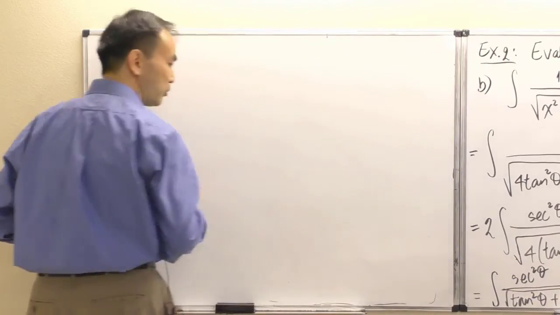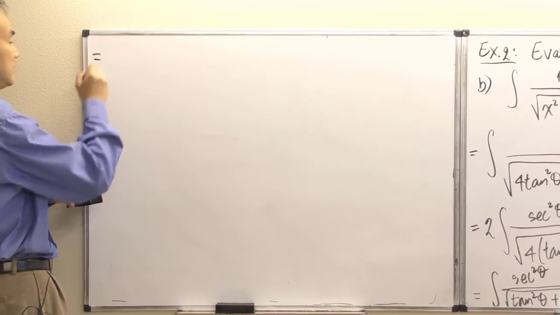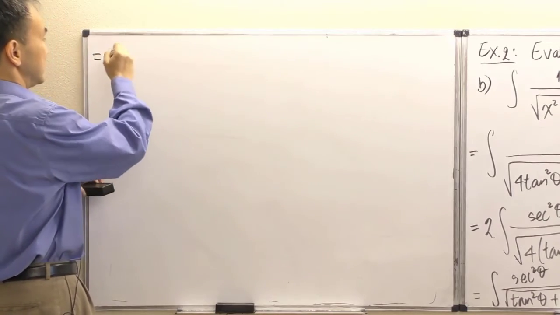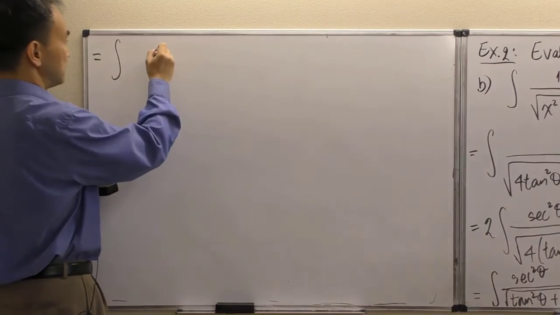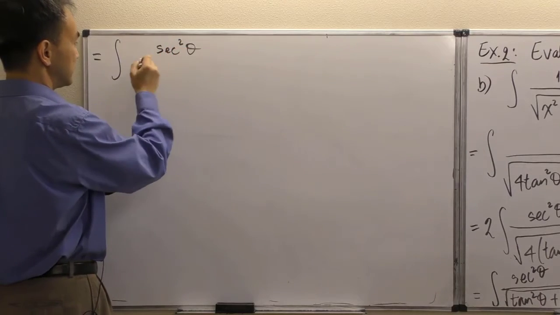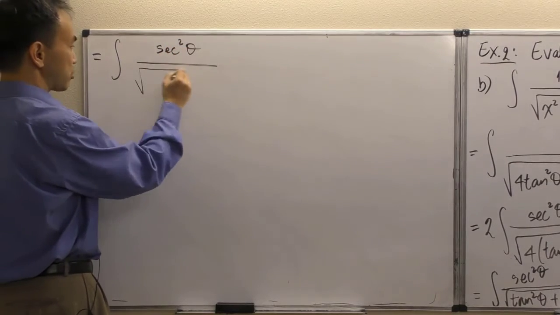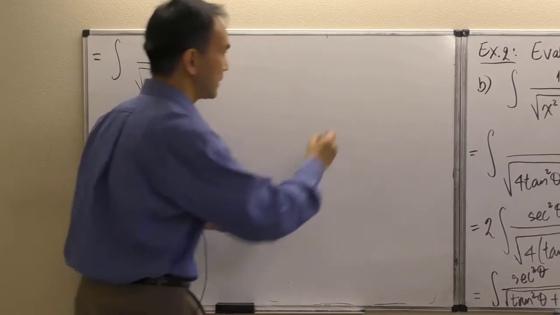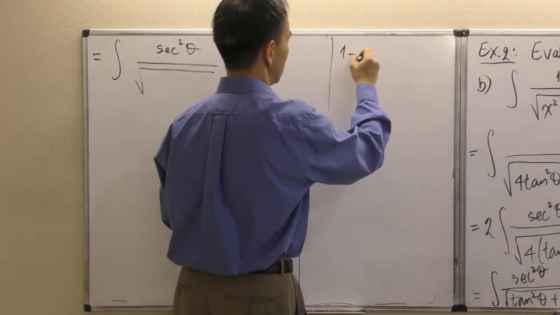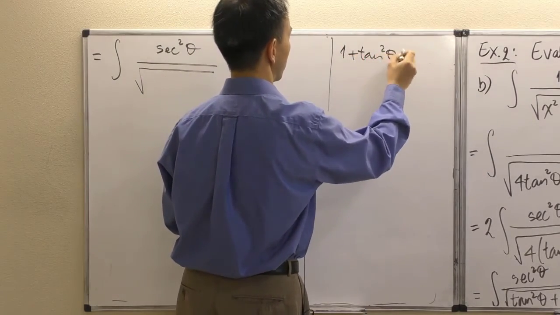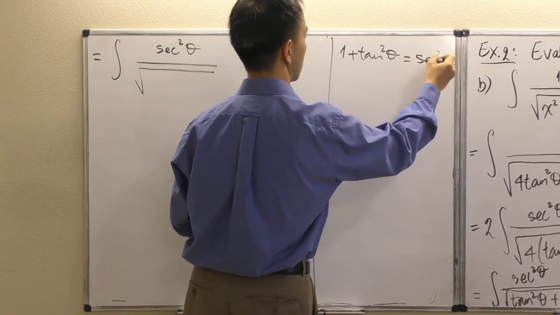Now onto my other board. From our previous step, we are going to look at secant square theta divided by the square root expression. Again, just that reminder: 1 plus tangent square, or tangent square plus 1, will equal secant square.